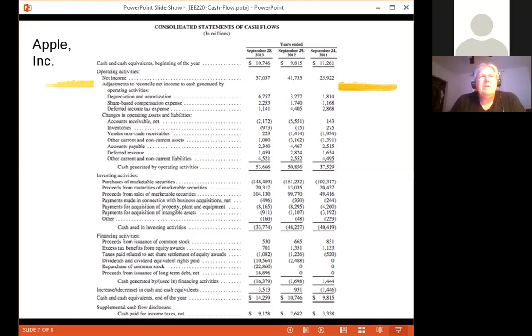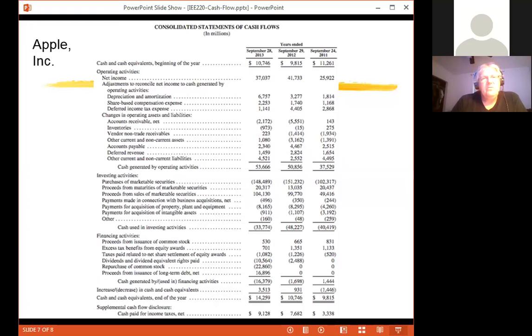And they expected 37 billion in income, different charges for depreciation, different payments, vendors, etc. All the cash generated by the operating activities at $53.6 billion.